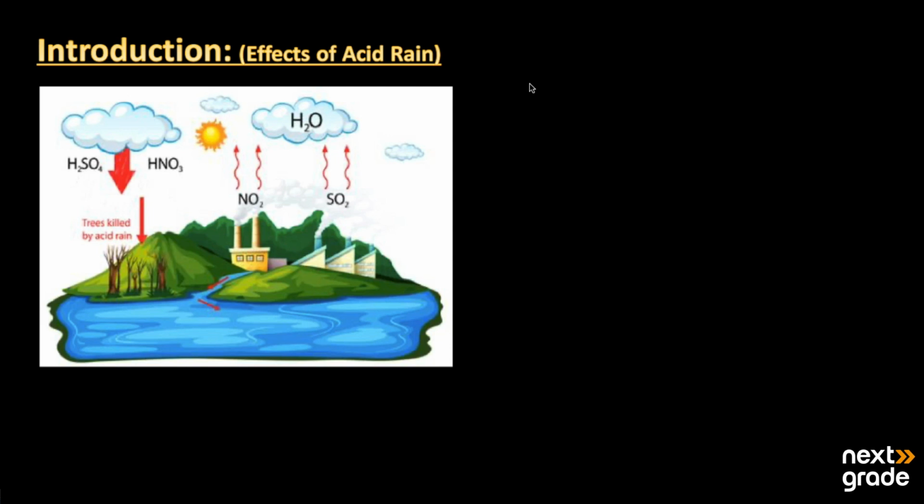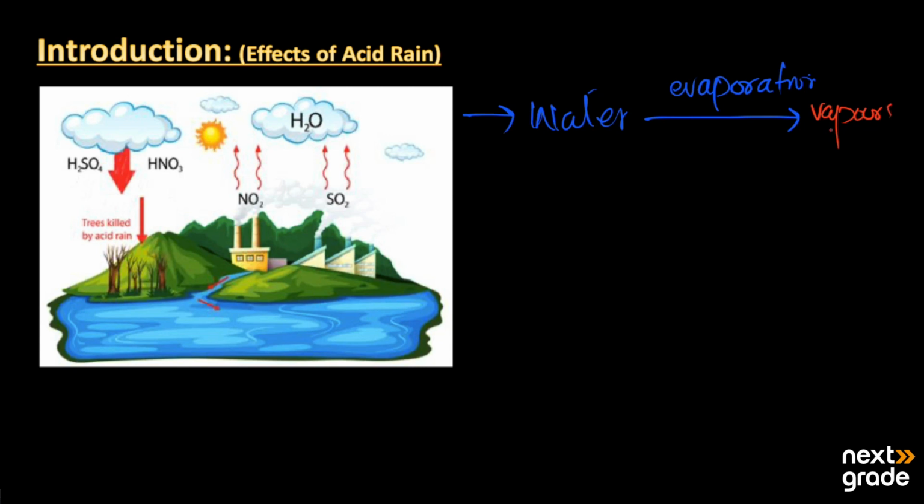So the topic that we will discuss today is the effects of acid rain. First of all, you must know what is meant by acid rain. In the atmosphere, we have a process in which water from the Earth's surface goes upward by the process of evaporation and changes into vapors that gather over the surface of the earth and make up the clouds.